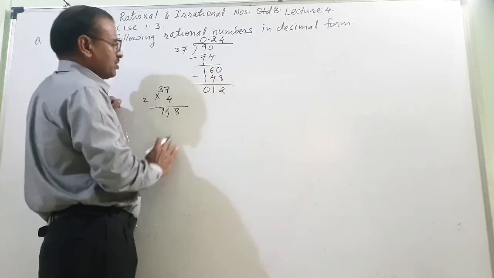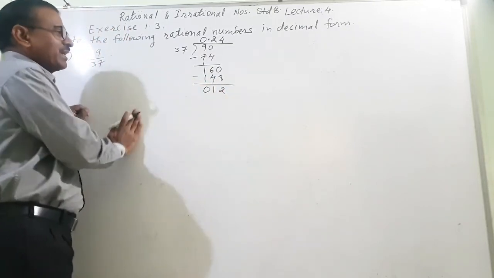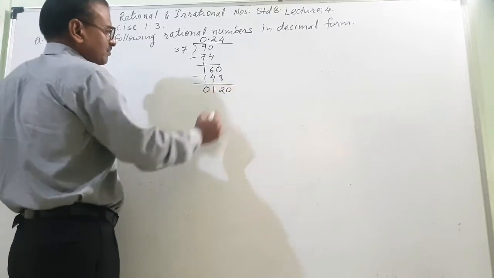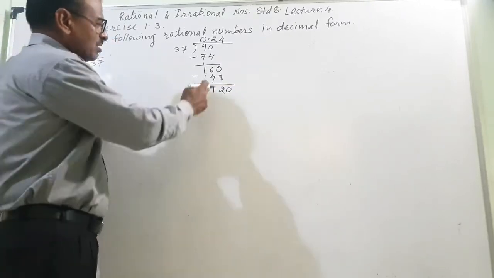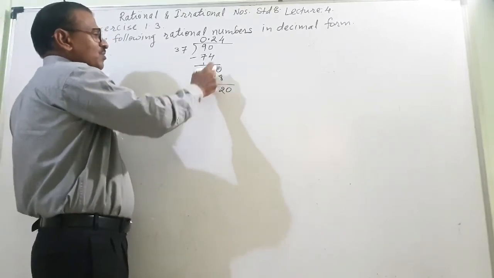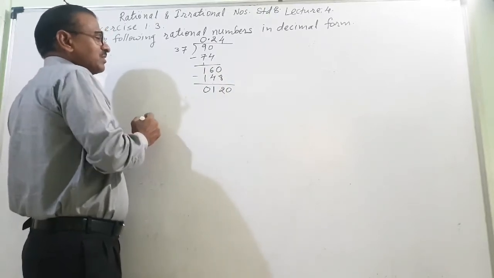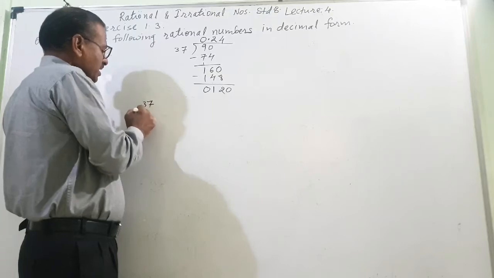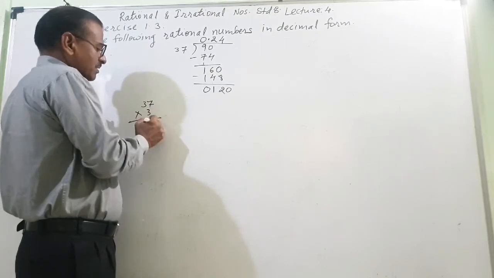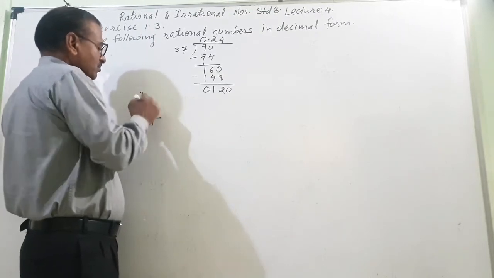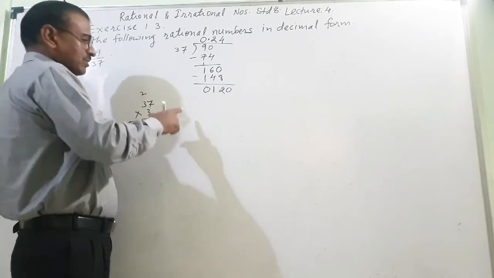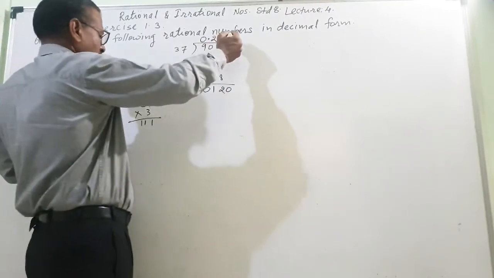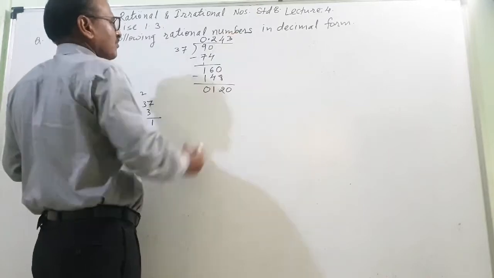10. Now once again take another 0. This was 4, 148 it was. So I will check for 3. 3 sevens are 21, carry 2. 3 threes are 9 plus 2 is 11. So correct, so by 3.